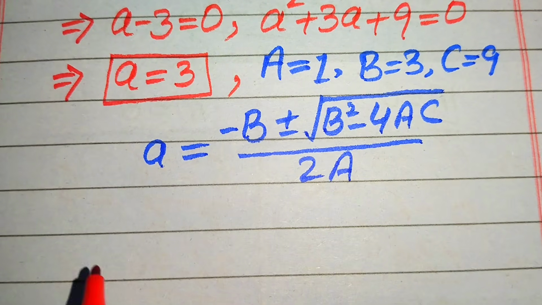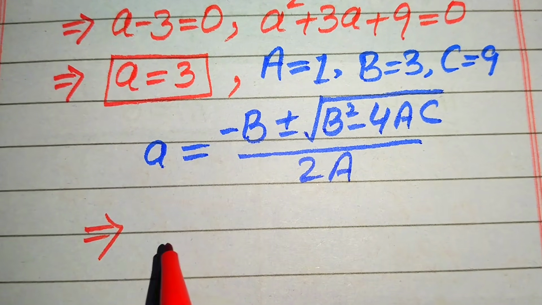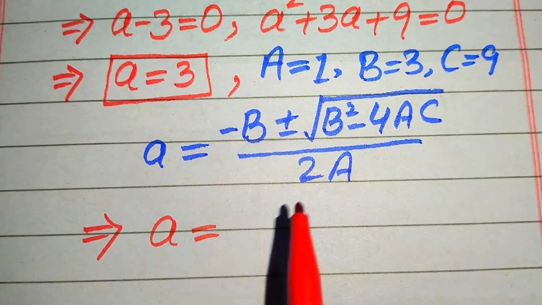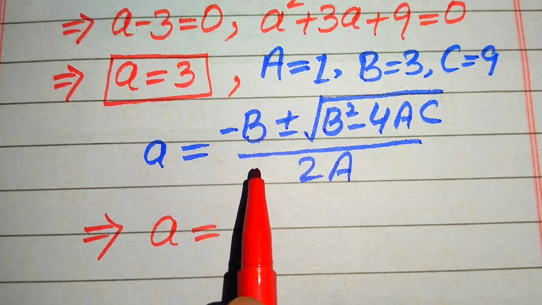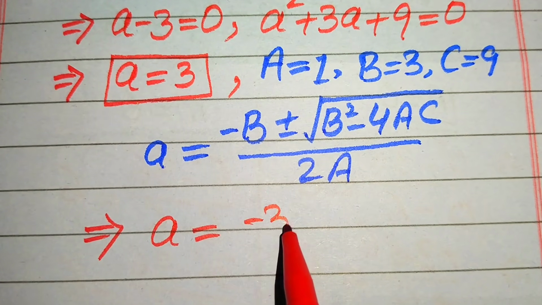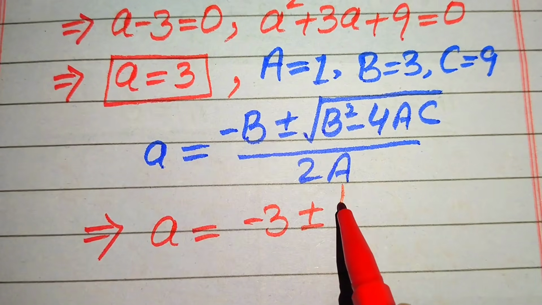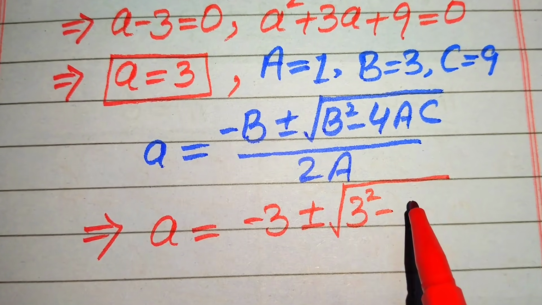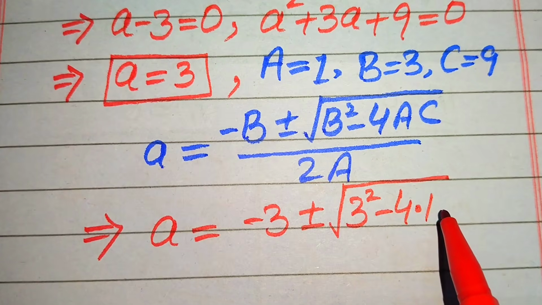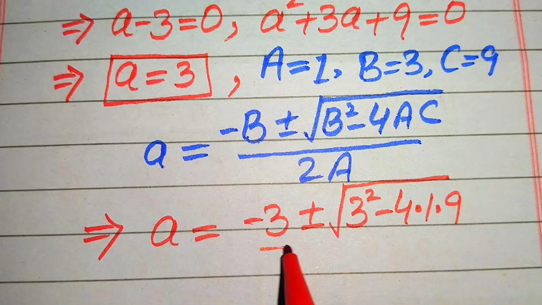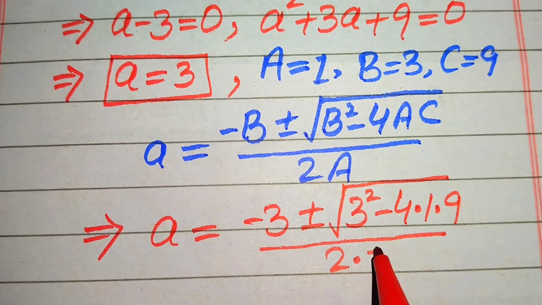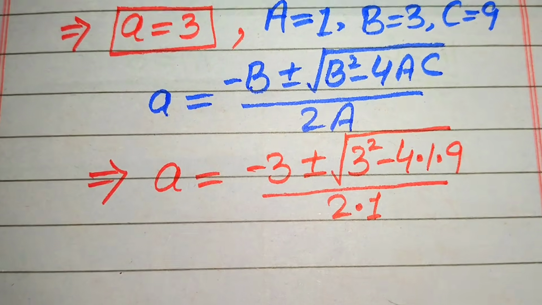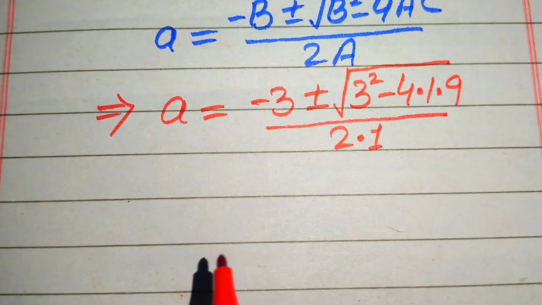Here we substitute all the values of a, b, and c, and we obtain a is equal to minus 3 plus minus square root of 3 square minus 4 times 1 times 9, divided by 2 times 1.